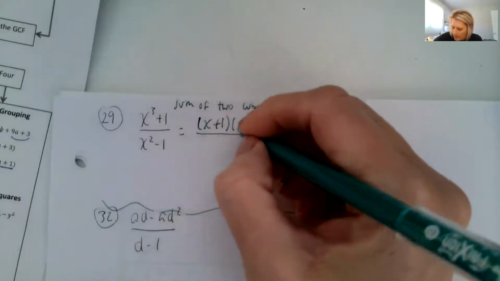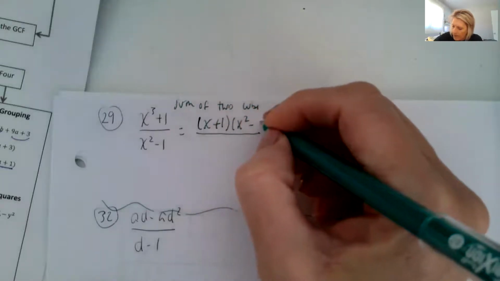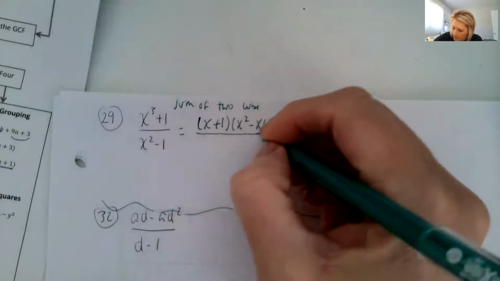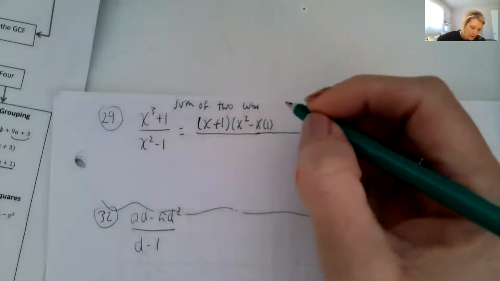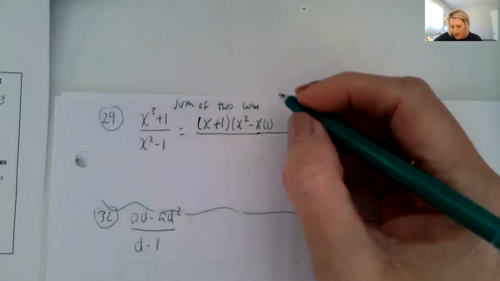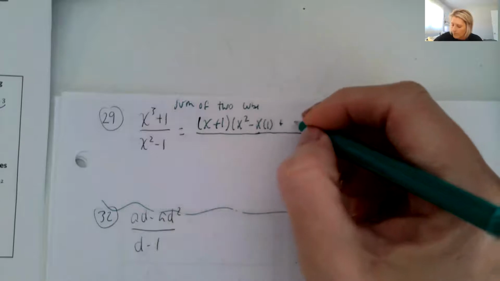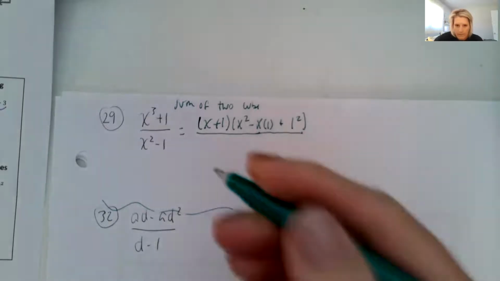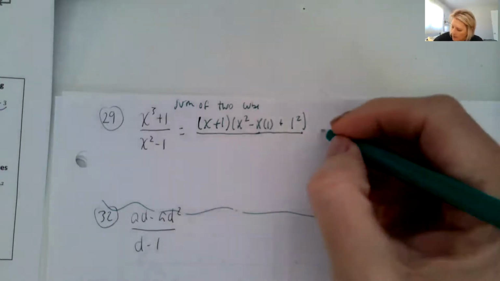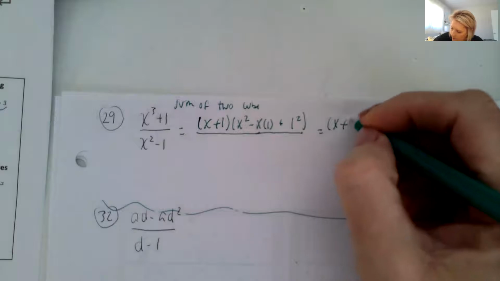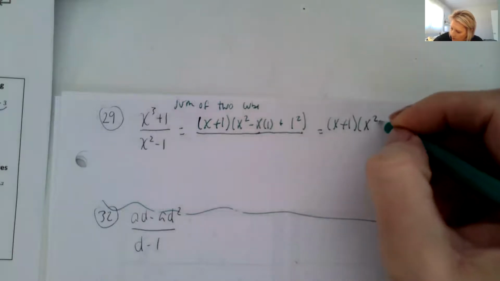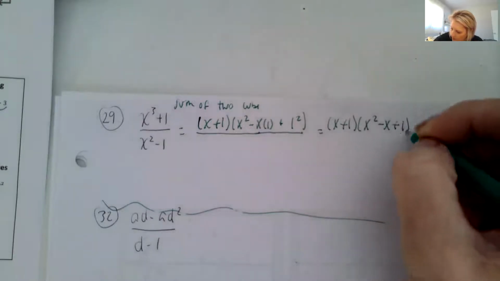And then we're going to have x squared minus x times 1, and then plus 1 squared, and that simplifies to 1. So that's x plus 1 times x squared minus x plus 1.